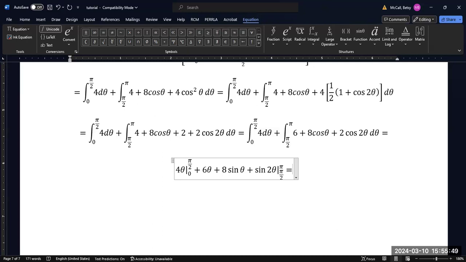And 4 times pi over 2 is going to be 2 pi. And then we're going to have 6 pi minus pi over 2. And when you plug pi into sine, you get 0, but then you're going to get minus 8 times sine of pi over 2 is 1.